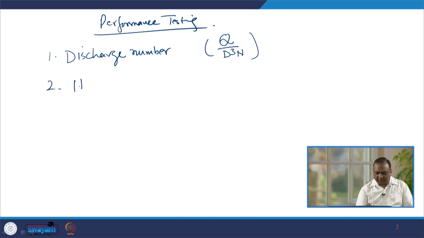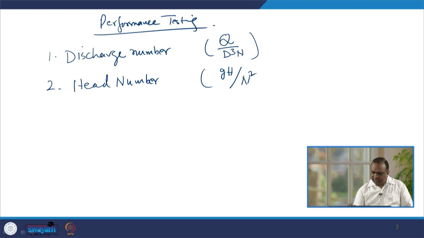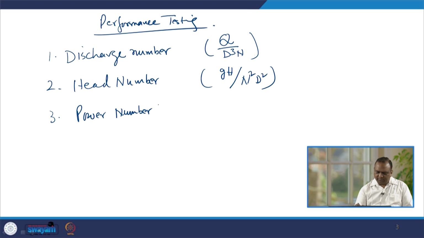Number 2, head number. Head number is gH divided by n square d square. Third one is power number. Power number is P by rho n cube d to the fifth.